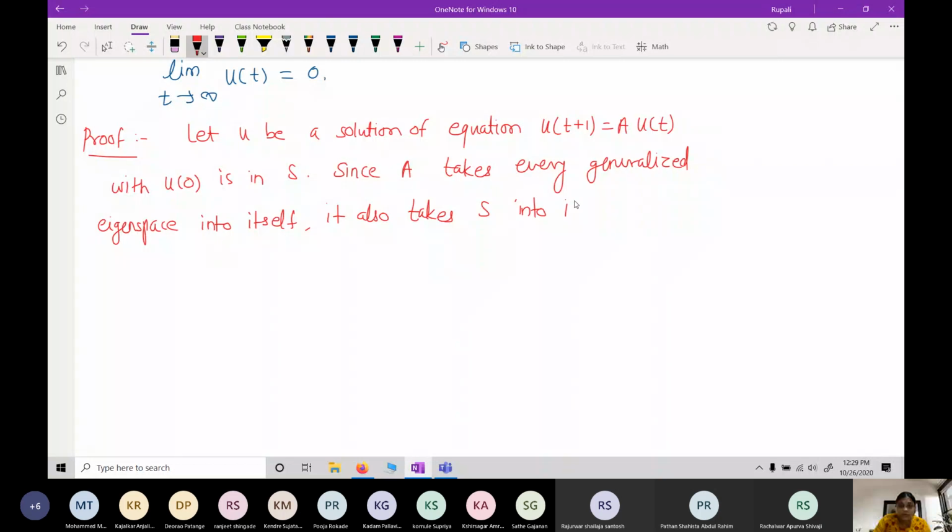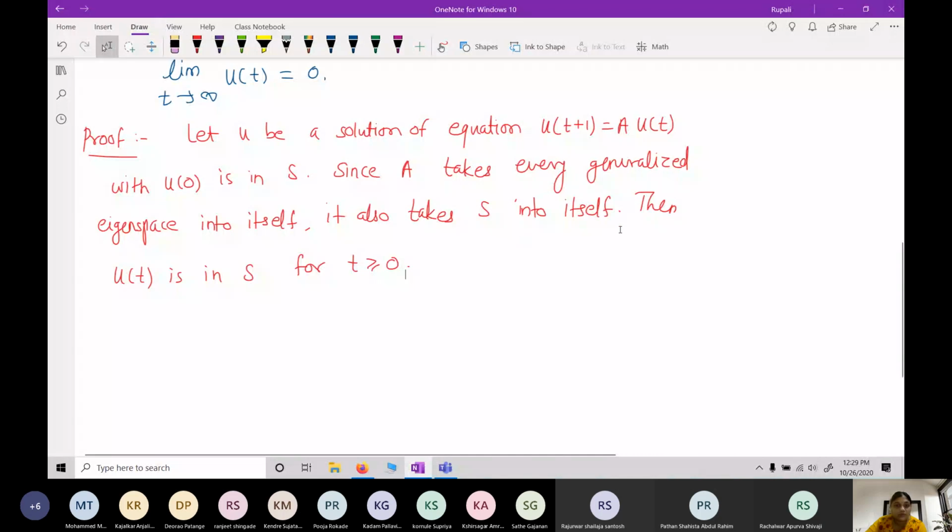Then u of t is in S for t greater than or equal to 0. Because we are considering u as a solution with the initial point in S, and by the properties of generalized eigenspaces, every generalized eigenspace maps into itself, S also maps into itself. Therefore u of t will also be in S.